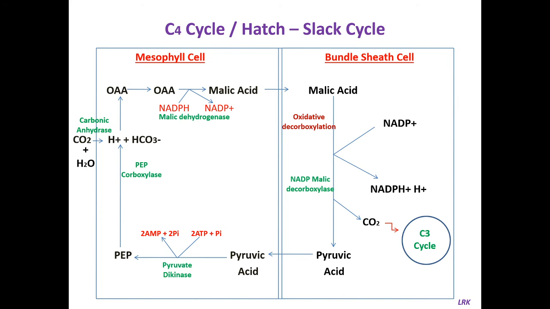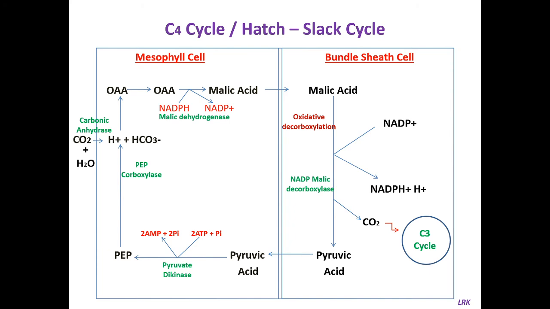Okay, so here one thing to note is that in C4 plants, Kranz anatomy is seen. C4 plants have a specialized leaf anatomy called the Kranz type. The vascular bundles are surrounded by a layer of parenchyma cells known as bundle sheath cells that separate them from mesophyll cells.